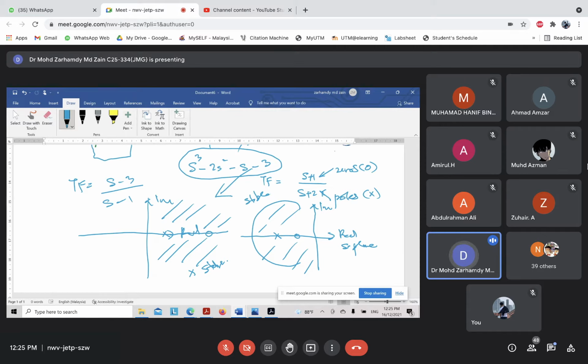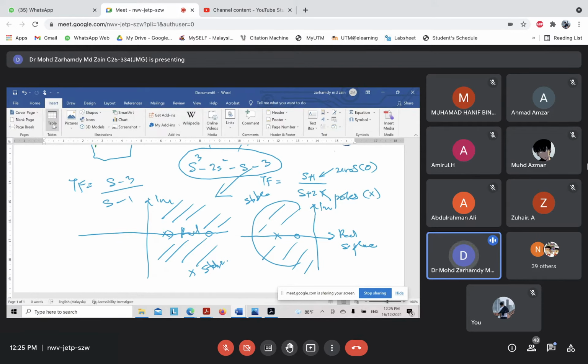If we have an unstable condition, we cannot do anything. We just need to redesign or remodel again to make our model stable. Maksudnya kita need a positive, we don't want negative. Tak boleh. Clear? Boleh tak?